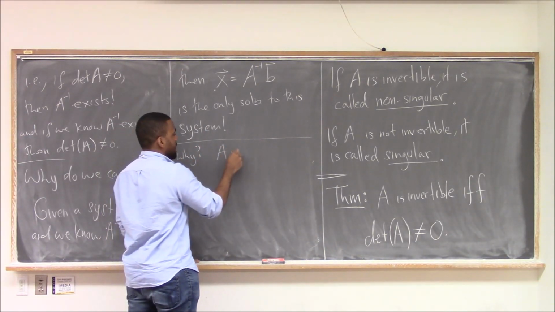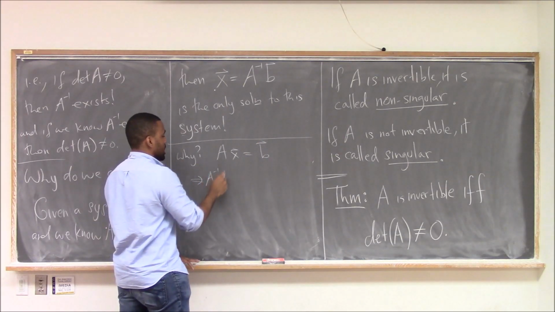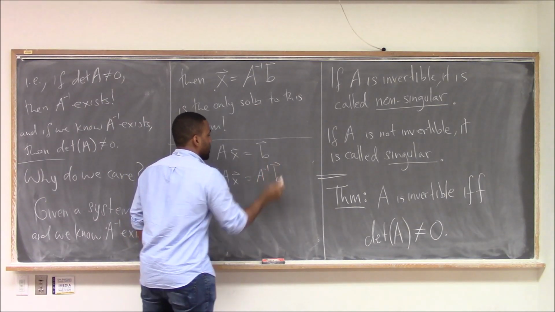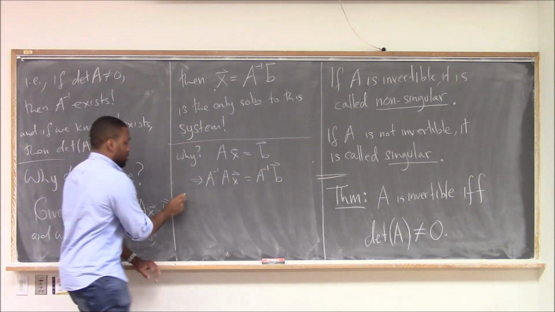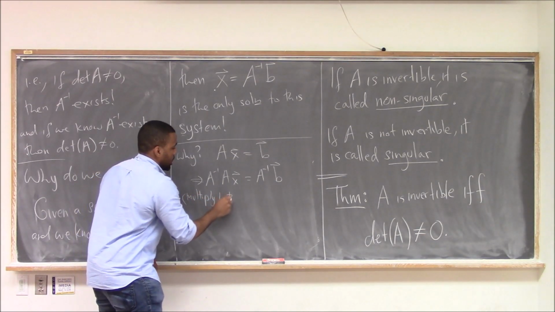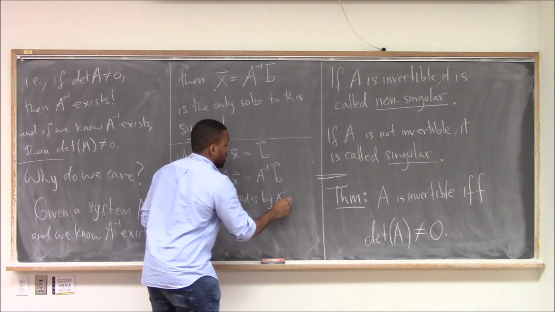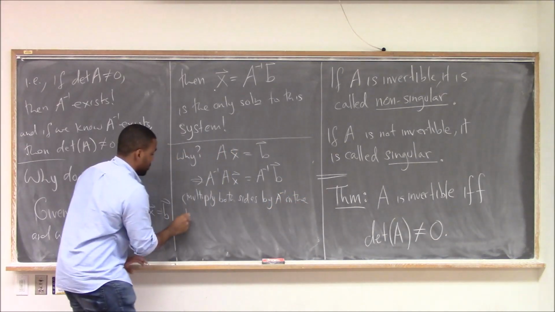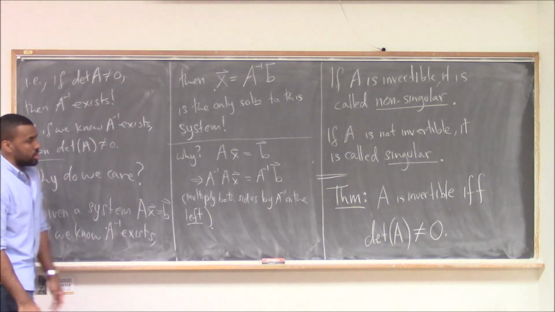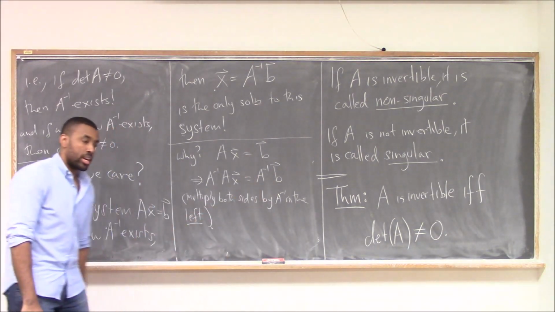Why? Well, if you're given AX equals B, what you can do is multiply both sides by A inverse on the left. Matrix multiplication is not commutative, so the order in which you multiply matters. I multiply on the left here, so I have to multiply on the left on the right side.